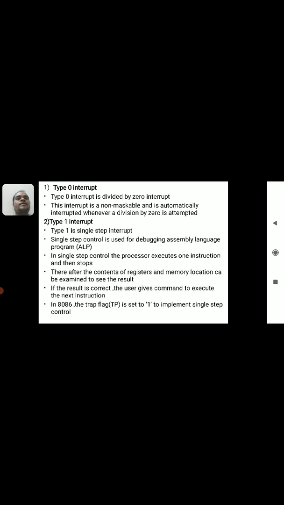Whenever, in an arithmetic calculation, we get a division of any number by 0 within the program, the processor is automatically interrupted and the interrupt is executed first. That is called a type 0 interrupt. So divide by 0 is the type 0 interrupt.